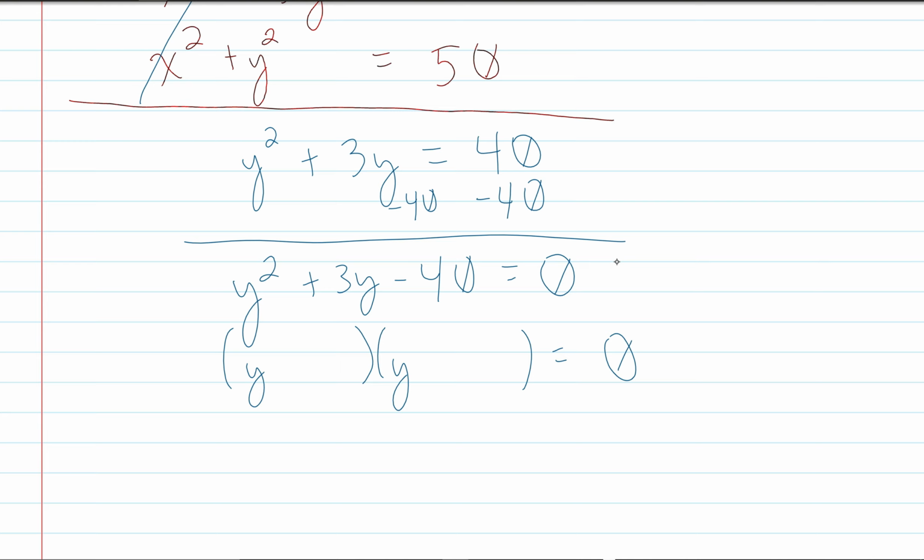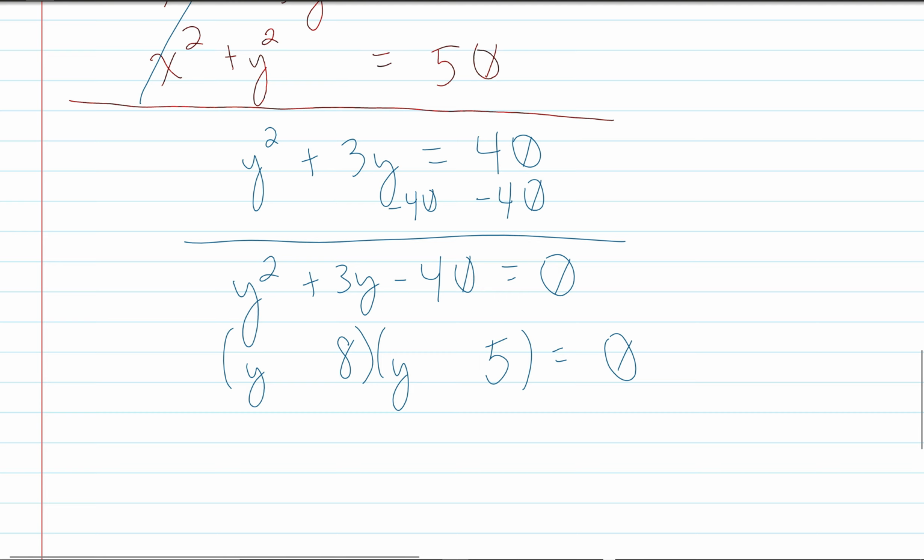Here we're saying to ourselves, since the leading coefficient is a 1, all we need to ask is what times what will make -40, and the same two numbers have to add or subtract to make a +3. To me it looks like we're going to use an 8 and a 5. 8 times 5 is 40, and 8 and 5 will somehow get you 3 if you add or subtract them.